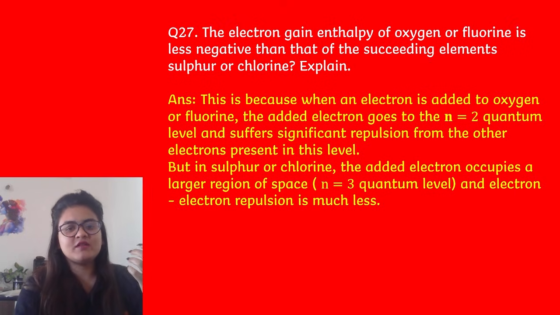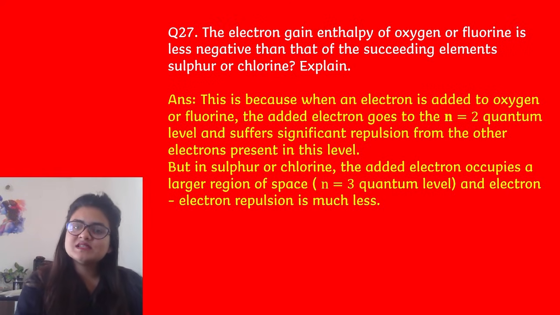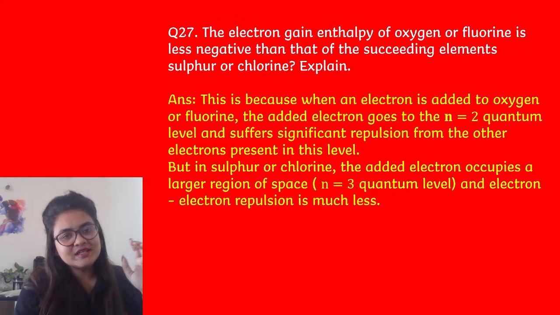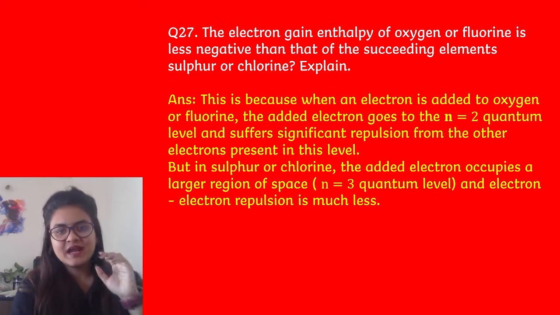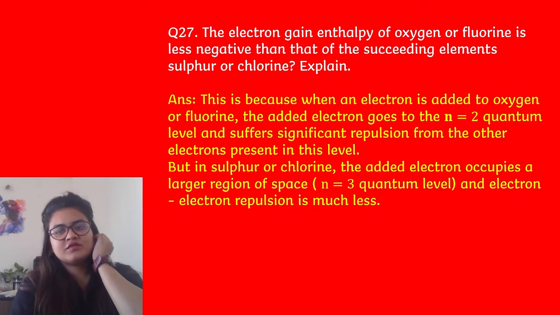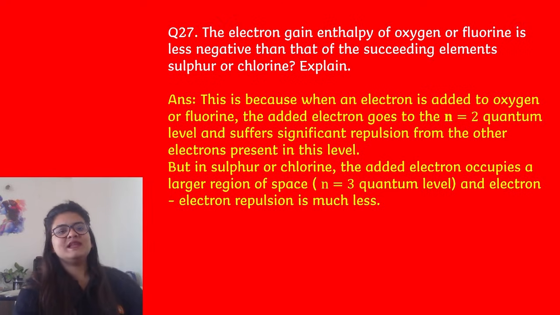But in sulfur and chlorine, the electron is added in 3p, which has a vacant 3d orbital by default, so this repulsion is much less. That's the reason for oxygen and fluorine the value is less negative.